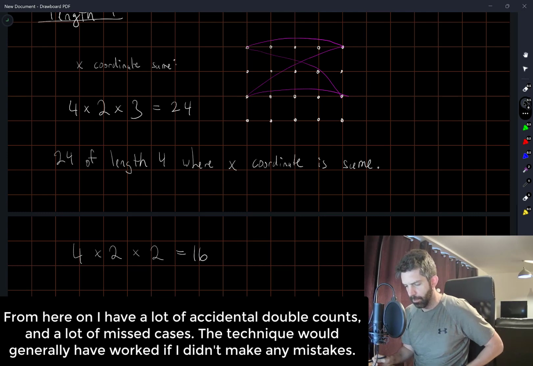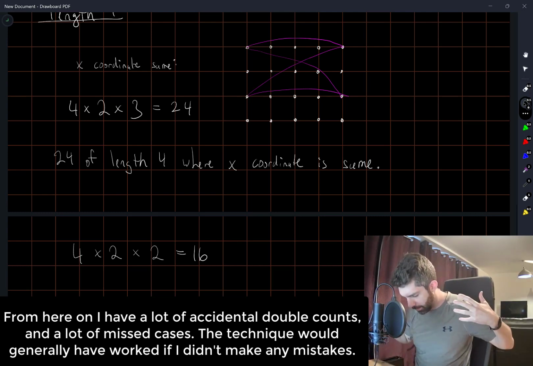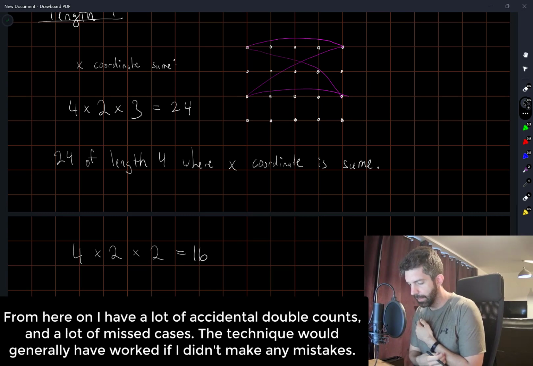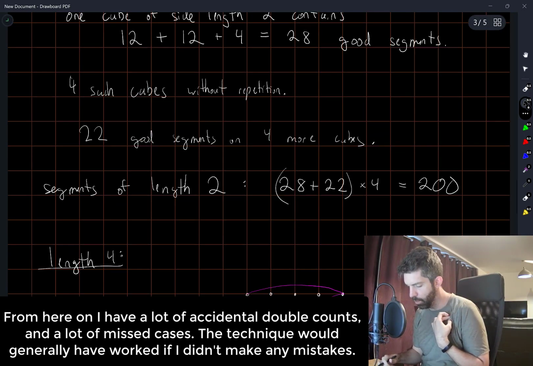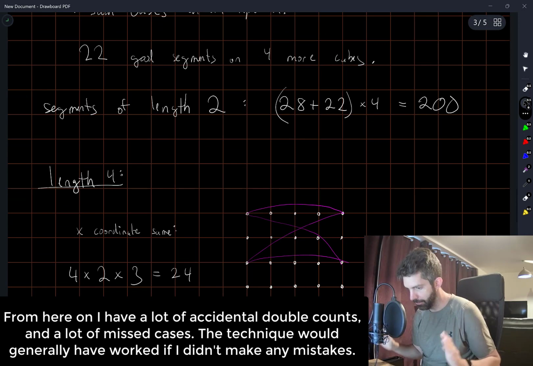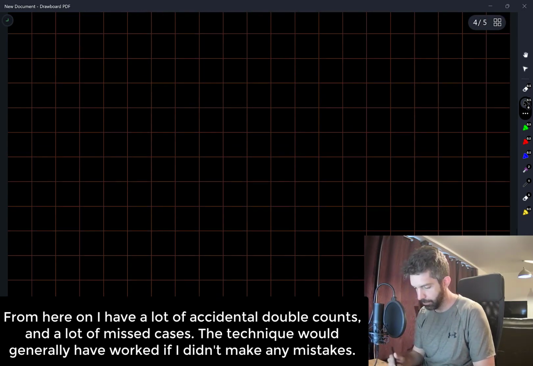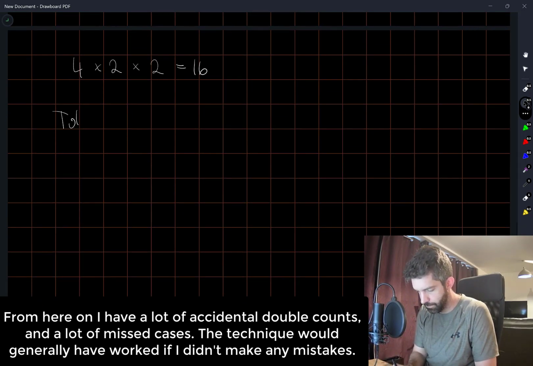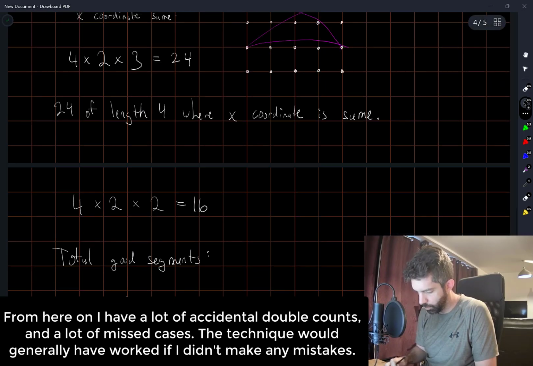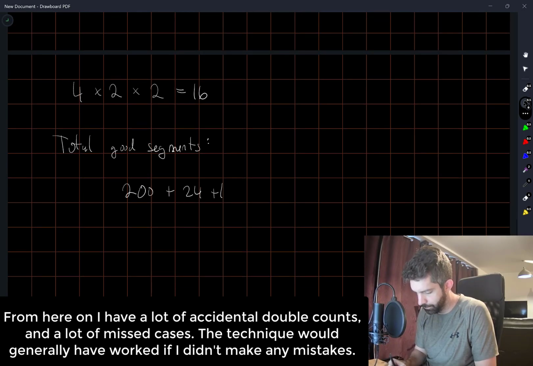I've spent quite a lot of time on this problem already, so I'm kind of confident and comfortable that I've counted everything now, and I'm willing to lock in my final answer, and then if I'm wrong, I'm wrong. But what is my absolute total here? I have 200 plus 24 plus 16. $240.